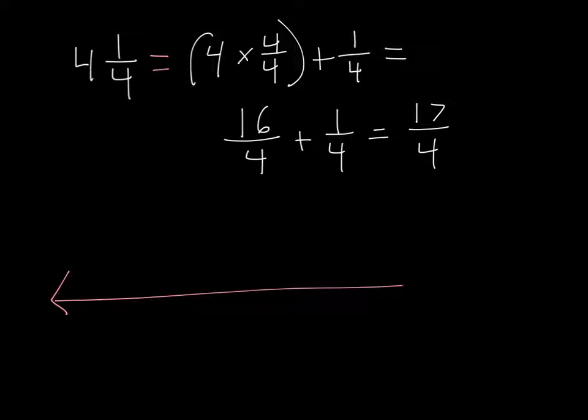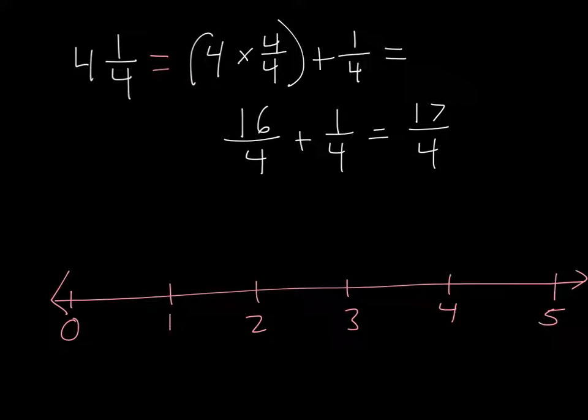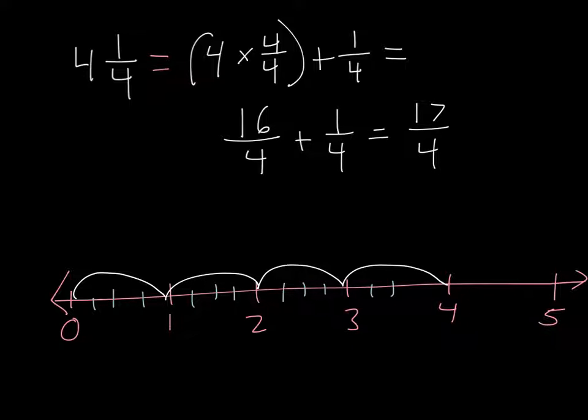Now I can also test this on my number line. I know that my fraction is larger than 4. So I'm going to put 0, 1 whole, 2, 3. I'm going to make my number line all the way up to 5. And since I've got 1, 2, 3, 4 wholes, now I want to break each of these wholes up into my fourths.